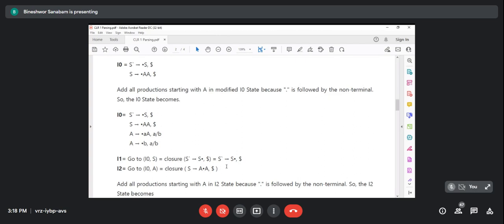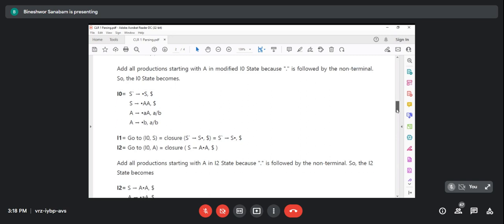This is our I1 state, where we carried out goto of S and the closure of the production.